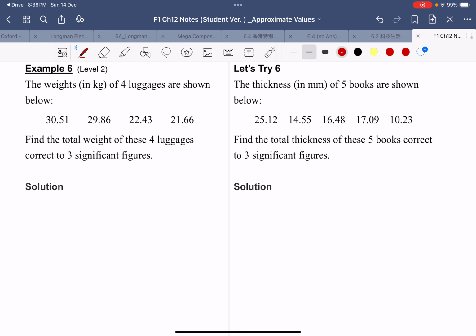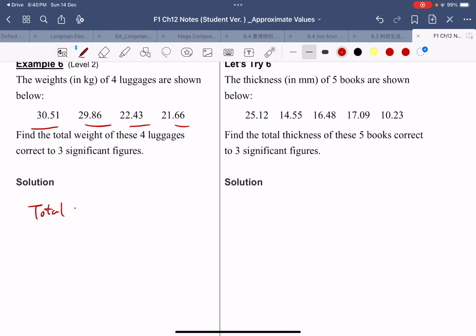The weights of 4 luggages are shown. Find the total weight of these 4 luggages correct to 3 significant figures. Alright, so you're going to add up the 4 numbers here. So total weight equals to, add up, and then the number should be used.